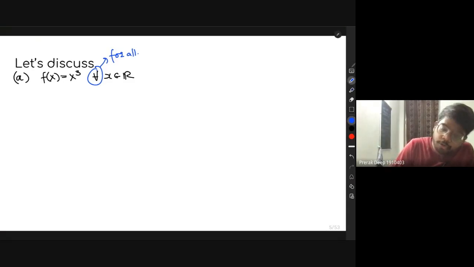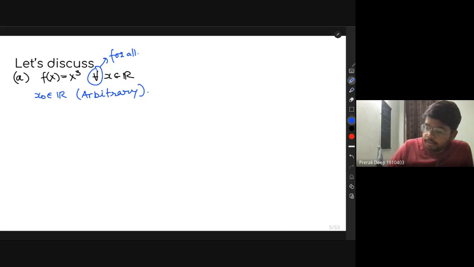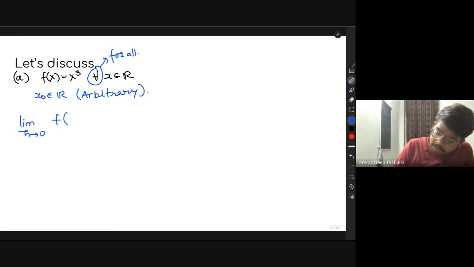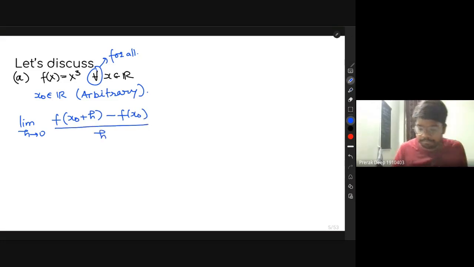Now we want to find the differentiation at x naught in R, where x naught is arbitrarily chosen. How do we find this differentiation? Again, we need to find the limit of f of x naught plus h minus f of x naught divided by h.